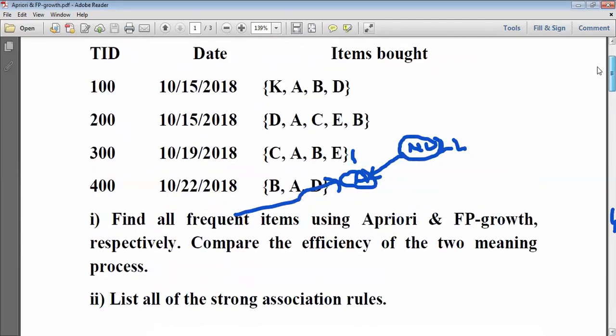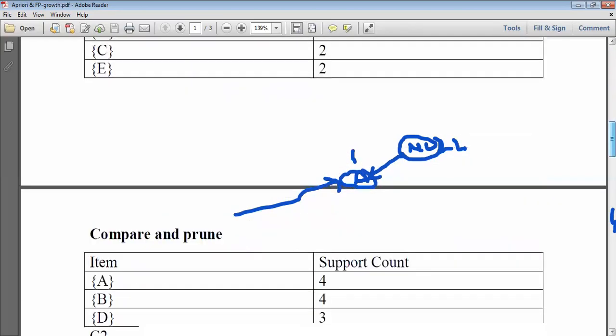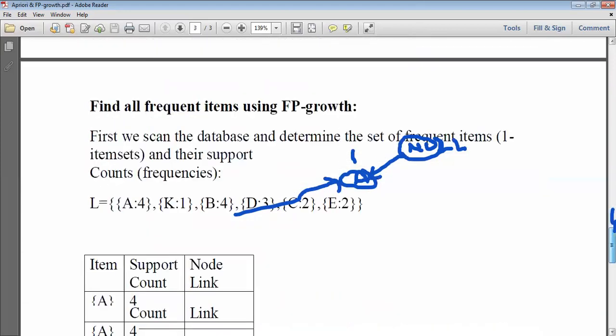See here another transaction, KABD. So here we have four items, and out of 4 items, you have to use the ABD. So A is the first one. You have to represent it with support count 3. Next you can write the B as well as D.